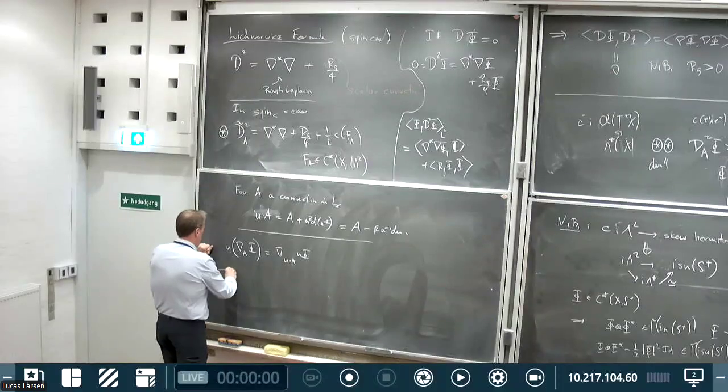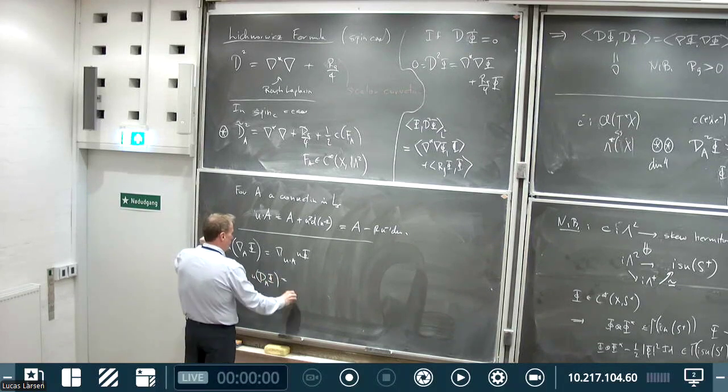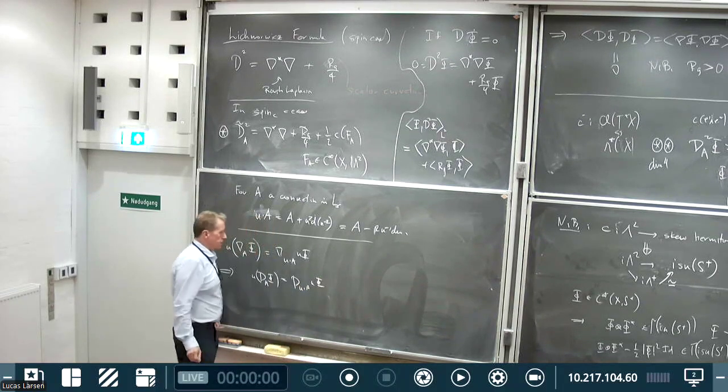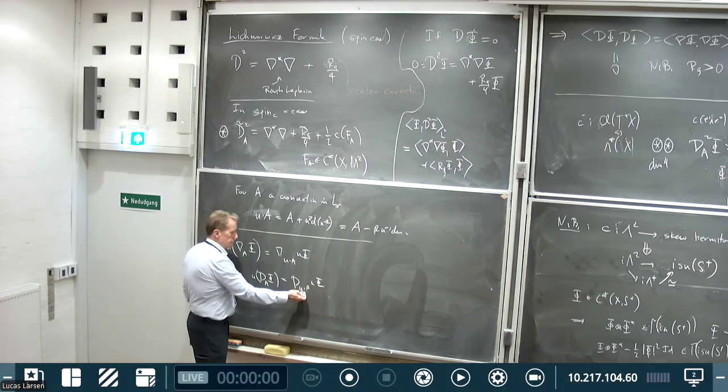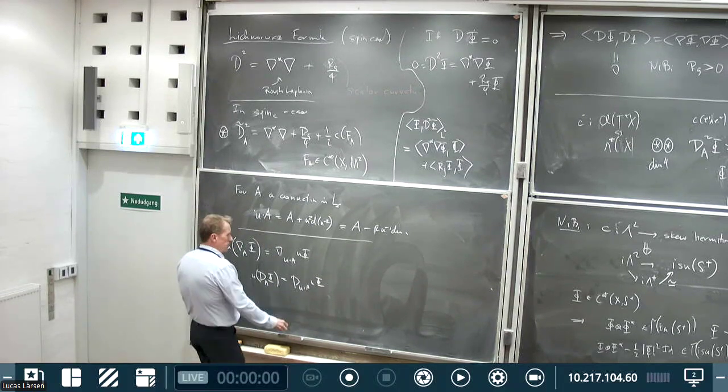And that implies that the Dirac operator applied to u phi is the Dirac operator applied to the transform of the connection and the spinor. So that's cool.